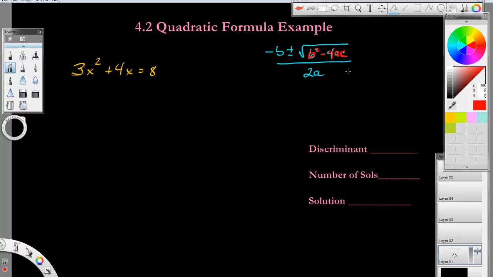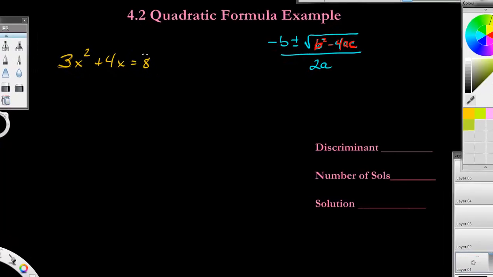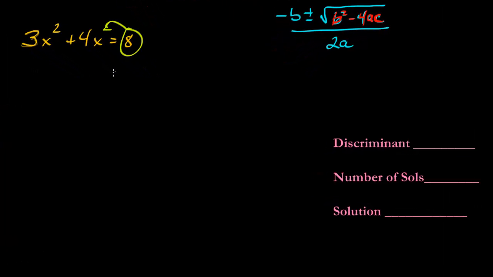Okay? So the way I would go about filling this chart out is to just plug it in, solve it, and then go back and fill the chart all in. Remember, the quadratic formula has to be set equal to 0. So this 8 needs to be brought over to this side, making it 3x squared plus 4x minus 8 equals 0, like that.